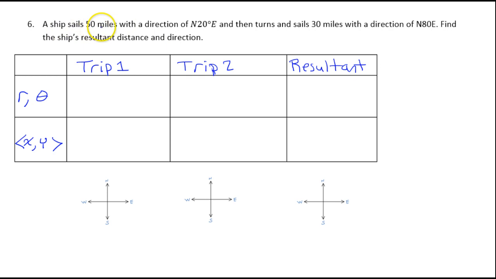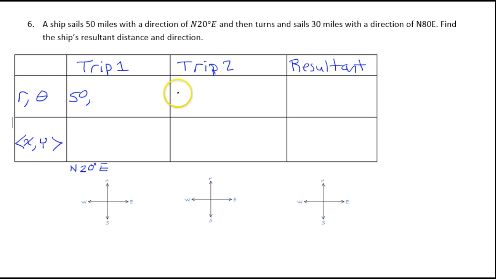A ship sails 50 miles. Boom! That's the magnitude. 50 miles. Now the direction, this is a little weird. North 20 degrees east. Let me just write that down and come back to it in a moment. Then the ship turns and sails 30 miles.